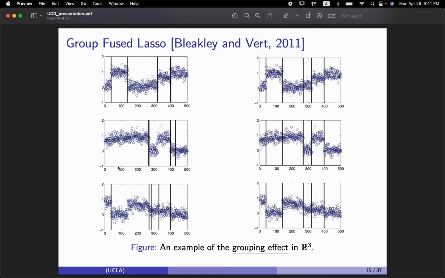However, the change points are not shared across the profiles. On the other hand, in the second column, when we use the sum of the L2 norms, which is the group fused lasso, we can see that the change points are shared across the profiles. This is the effect that we want in our framework, and that's the motivation for why we choose the group fused lasso penalty.